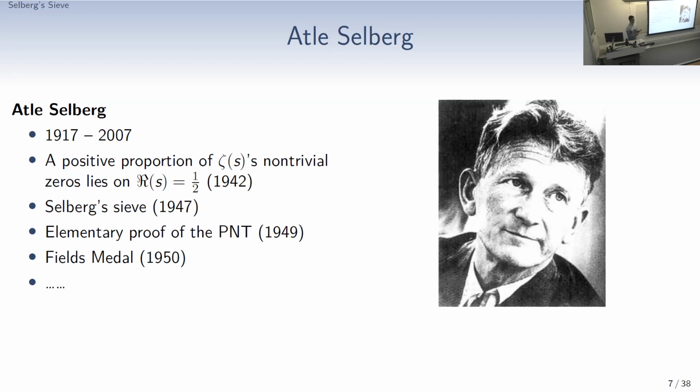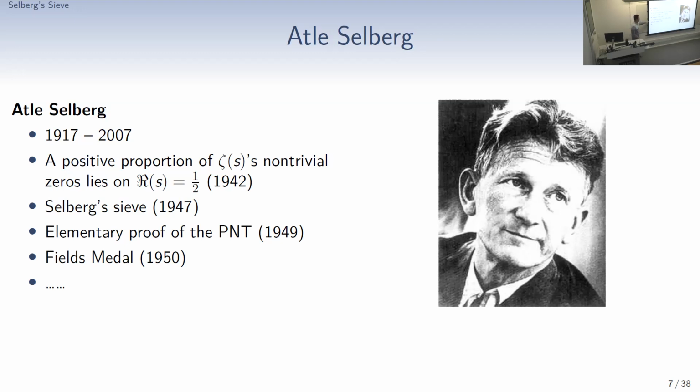By elementary, in this context, I mean that we don't use any methods from complex variables. So it doesn't really mean it's relatively easy. In fact, by comparison, it turns out that the proof of the prime number theorem using complex variable methods is easier than the elementary proof.